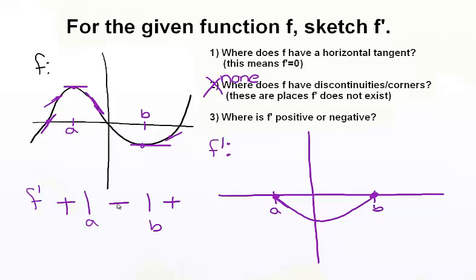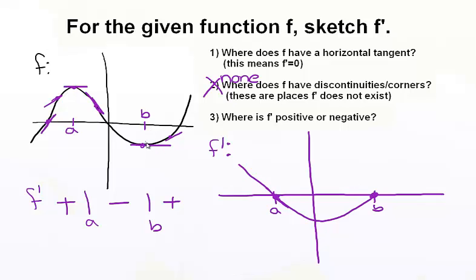Then to the left of A, we have a positive derivative, and it's going to be getting a little bit less steep as we get towards A, and it's going to be steeper away from A. So less steep towards A is going to indicate a value close to 0. So very close to 0. And then as we get away from A, it's a little bit steeper.